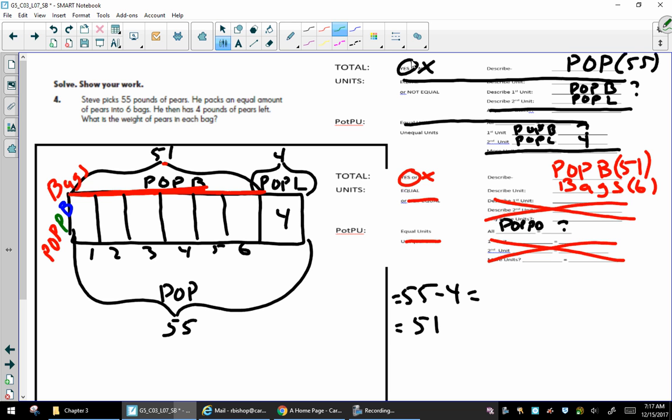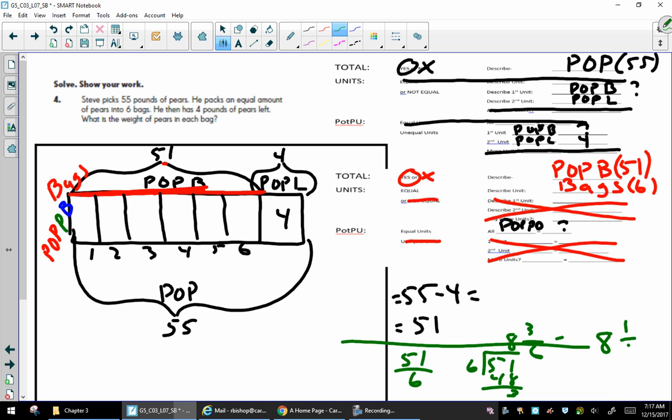So my math work is total divided by the units. There's 6, so 51 divided by 6. If I need an algorithm, I do the algorithm. Here's my math. 8 3/6, which we can simplify to 8 1/2. If I have to loop that, I will loop that.